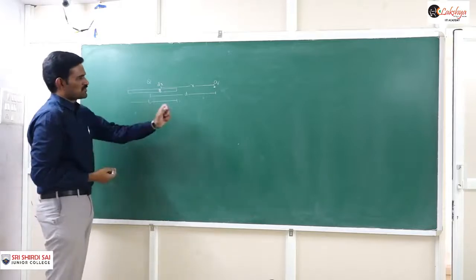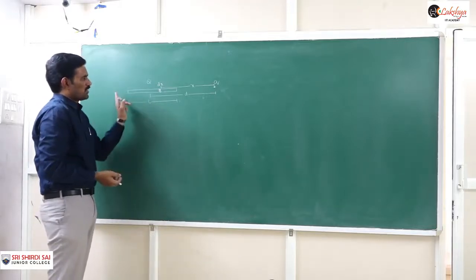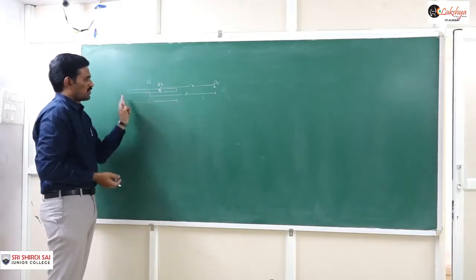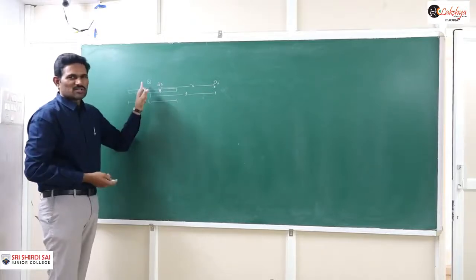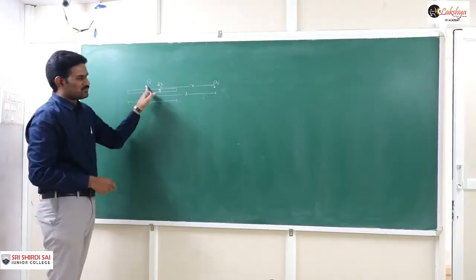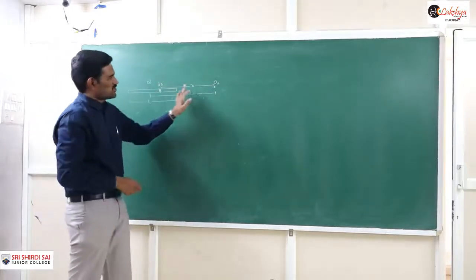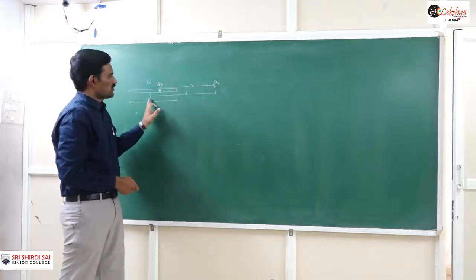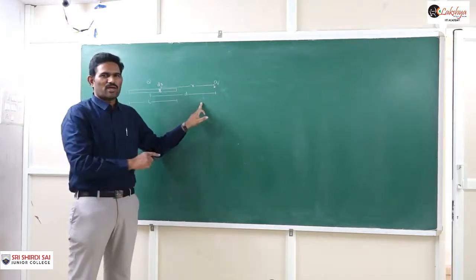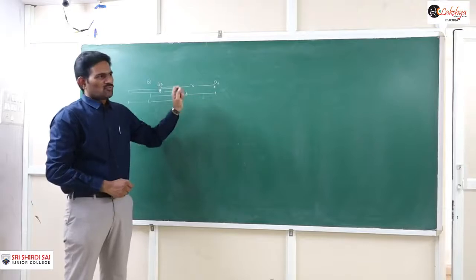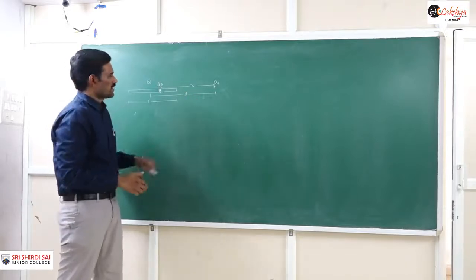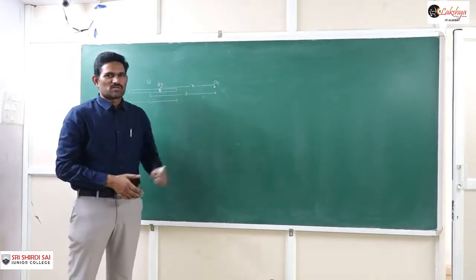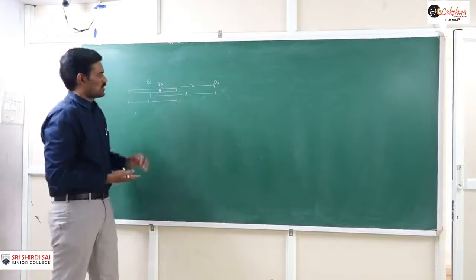So first write down this problem. On a rod of length L, a charge Q is distributed uniformly. A point charge small q is placed at a distance of d from the center of the rod as shown in the figure. Then find the force acting on the rod due to this point charge. So that is our question now.